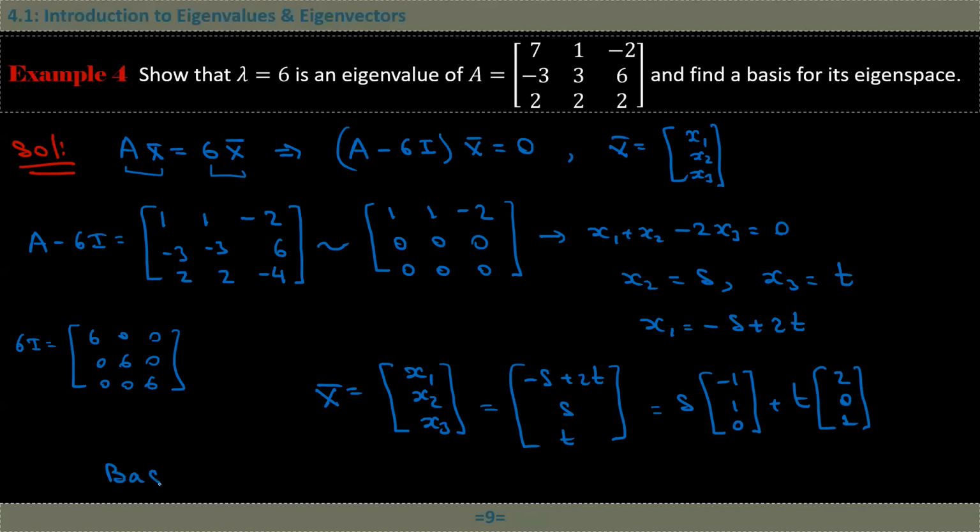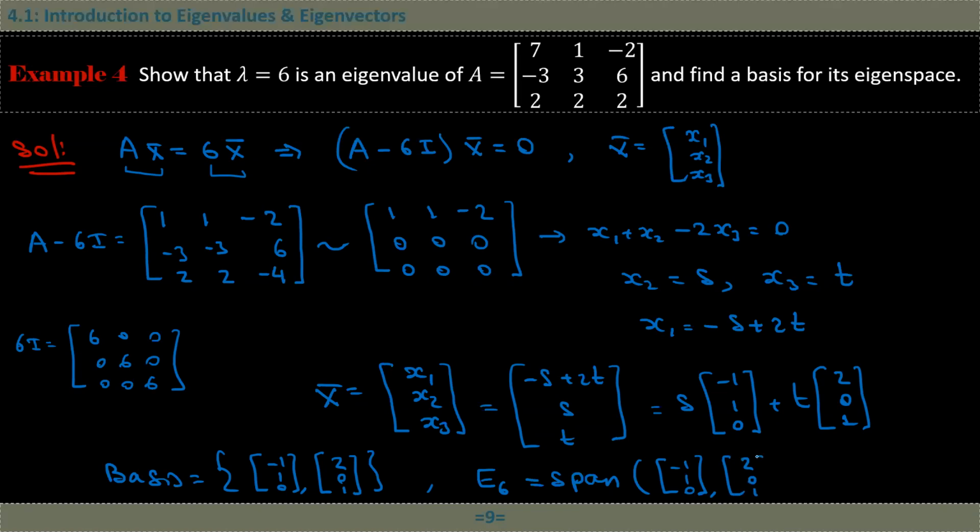The basis for the eigenspace is negative 1, 1, 0 and 2, 0, 1. And you can also write the eigenspace of 6: it is just the span of these two vectors, negative 1, 1, 0 and 2, 0, 1.